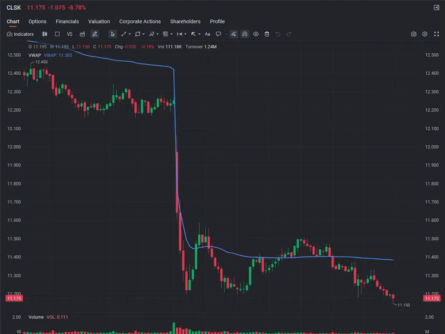CleanSpark. This one is perfect in terms of the VWAP short reversal at 1140 with a risk of 10 cents. That's perfect. Again, not a big mover, but we don't care because we are patient and we hope that this trade will carry us through the end of the trading day.